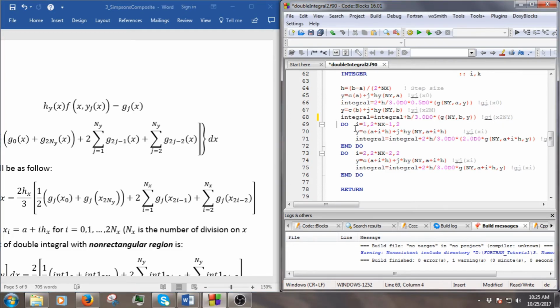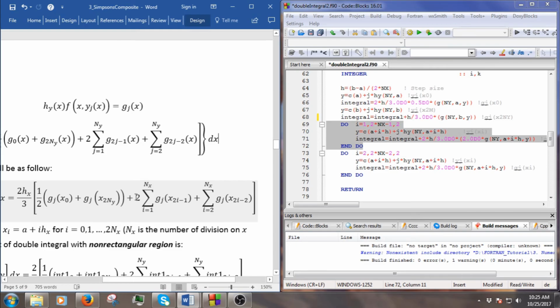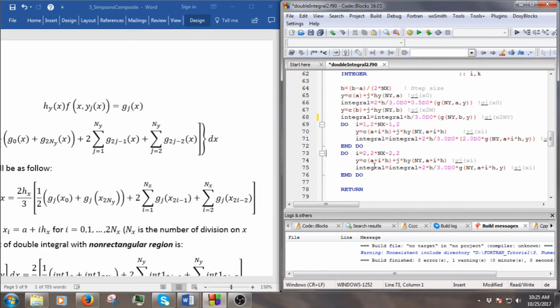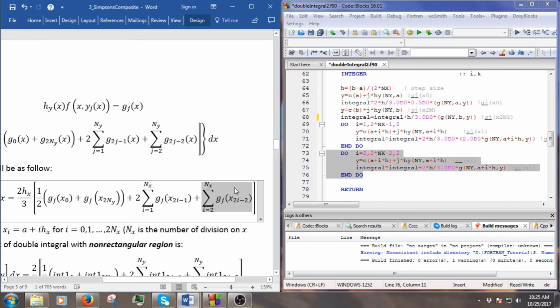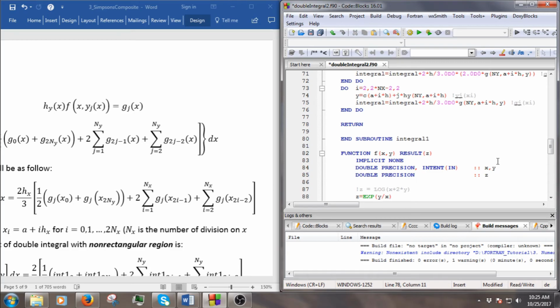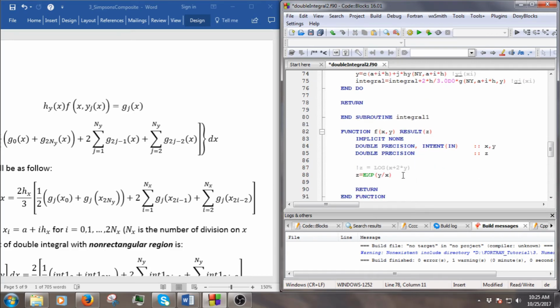And the next is, as usual, we do the loop statement here. We do this calculation, this part, and the last part of the integrals in the code computes this part of the expression. And if you have a different function, you can modify this function.